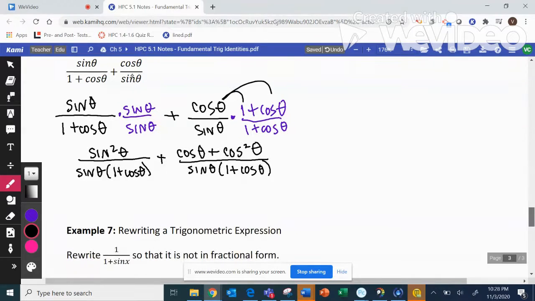Okay, so if they're common denominators, now we can add the numerators. I'm going to slightly rearrange the numerators while I'm adding them because I notice I have a sine squared theta and I have a cosine squared theta on top plus cosine theta. And then on the bottom, I've got sine theta times 1 plus cosine theta.